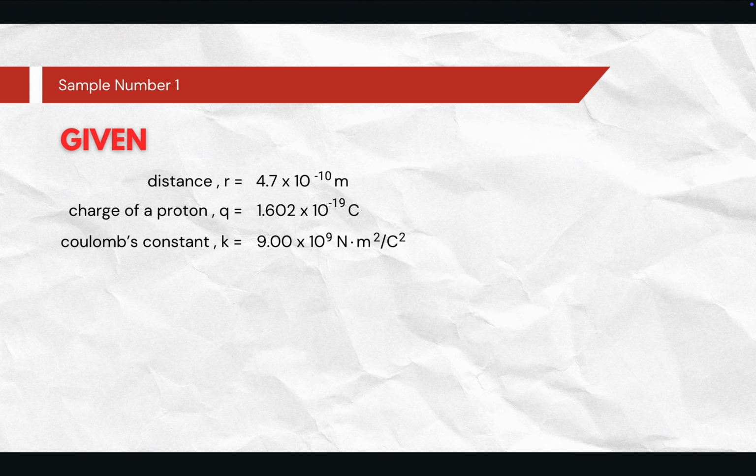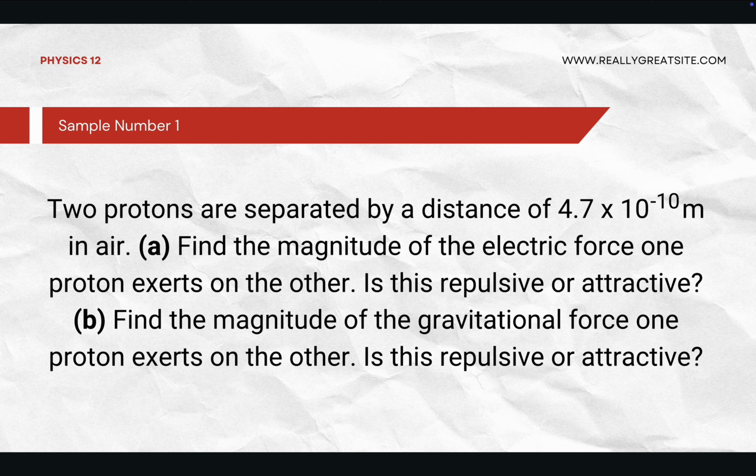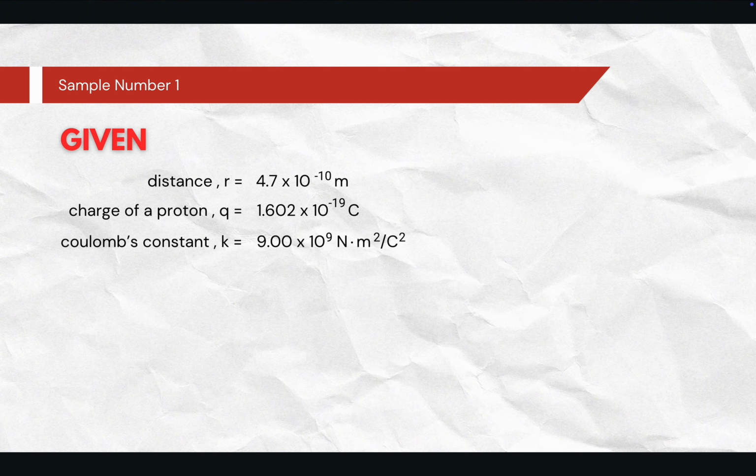Una, given. Ito yung mga given: yung distance, yung charge ng proton, and yung Coulomb's constant. Itong Coulomb constant is given na siya. Ito yung equivalent niya: 9.00 times 10 raised to 9 N times m squared over C squared. Yung charge of proton naman ay hindi given, ito yung naka-table kanina.